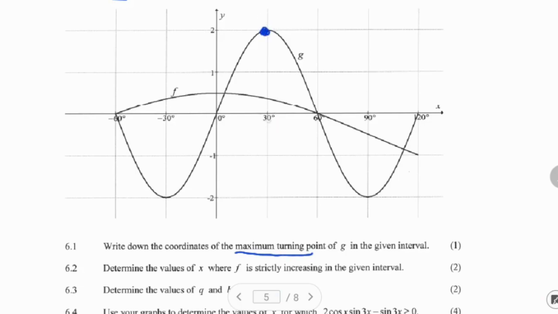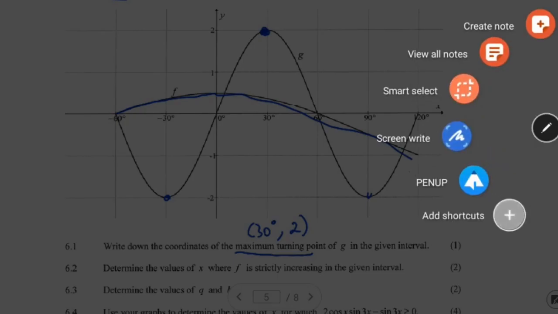So the coordinate x is 30 and y is 2. And then the minimums are here. Okay, that was easy. And then determine the values of x where f is strictly increasing in the given interval. So f is increasing here, it stops and it starts decreasing.